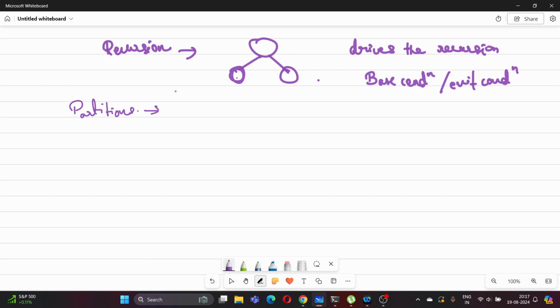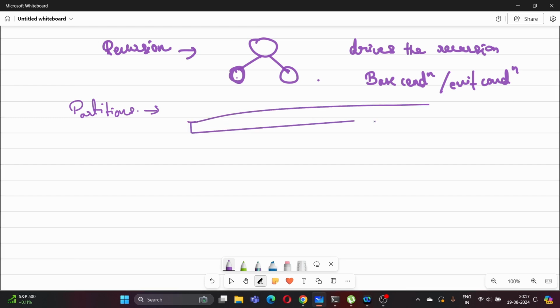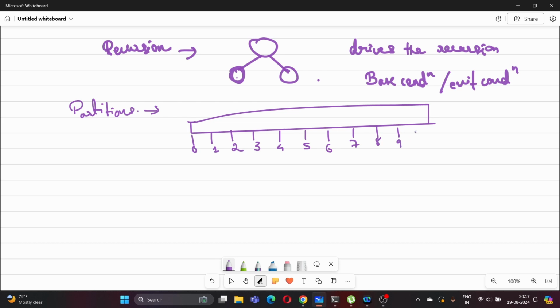Now there are questions where, let's say, there is a rod. This is one of the classic problems for partition. Let's say a rod or ruler: 0, 1, 2, 3, 4, 5, 6, 7, 8, 9, 10.